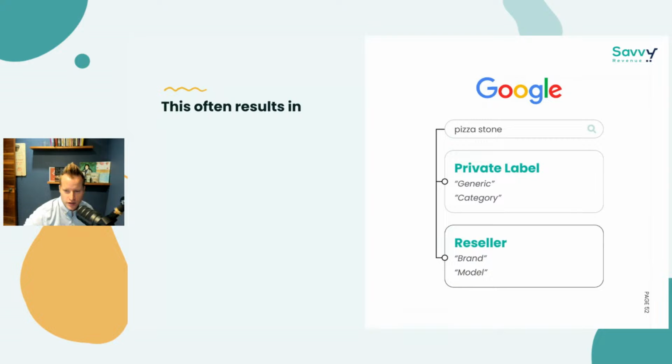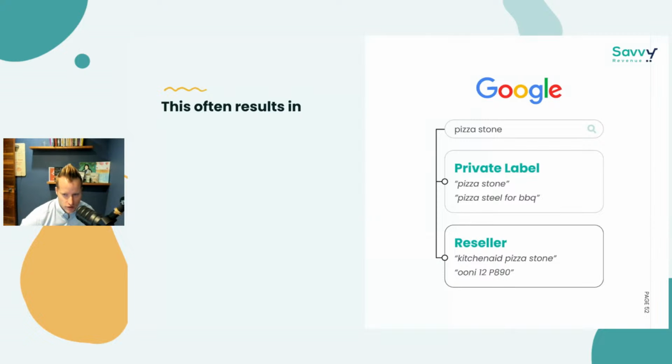Often this is a keyword like pizza stone. It's generic, it's a category. It doesn't convert as well as a brand or a model. So that's where we want to expose the majority of our private label products. And then in the reseller, it's brands, it's models. If somebody's searching for one of these specific products that we're reselling, then they fall in there.